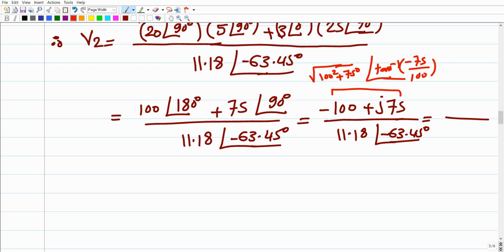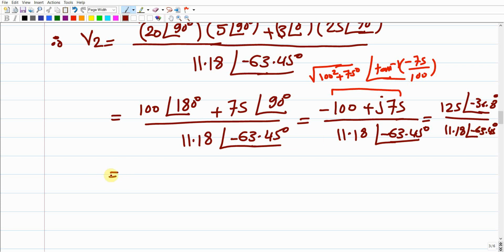On the top here, this is going to give us 125, and the angle is going to be negative 36.8 degrees. And the denominator is still 11.18 angle negative 63.45 degrees.